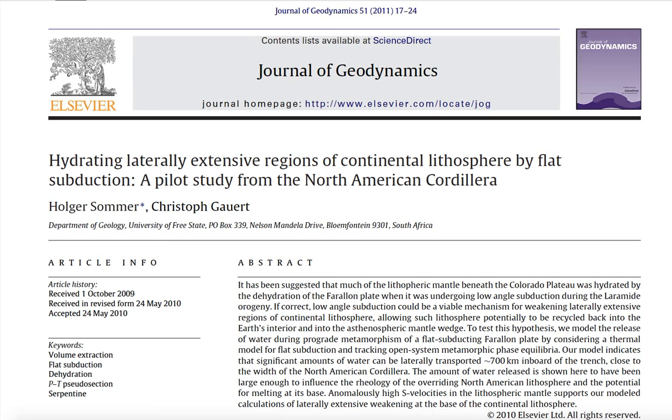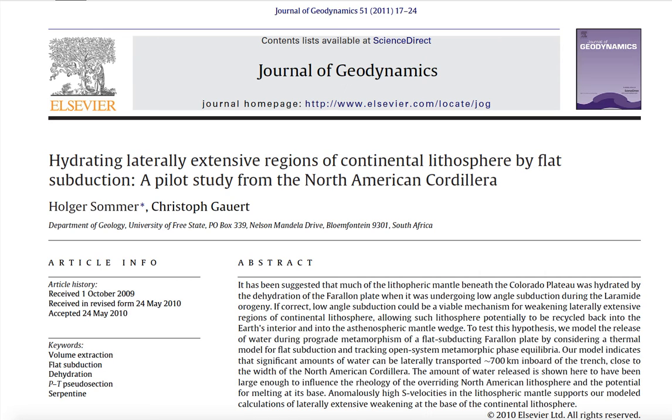This paper is entitled Hydrating Laterally Extensive Region of Continental Lithosphere by Flat Subduction, a pilot study from the North American Cordillera.